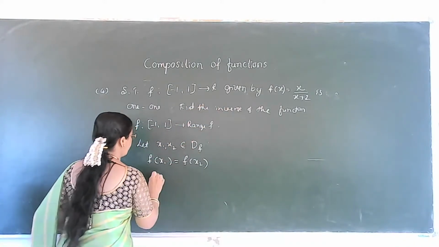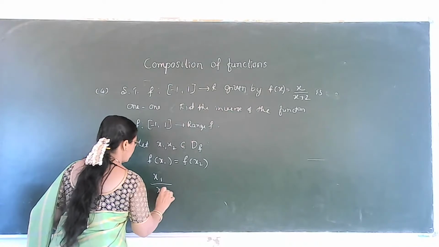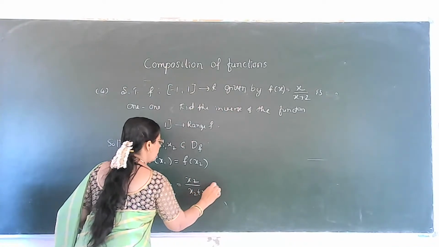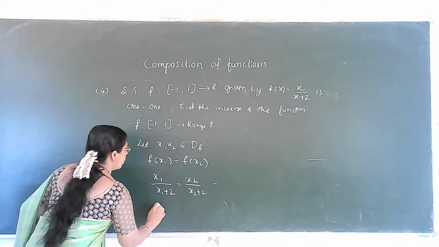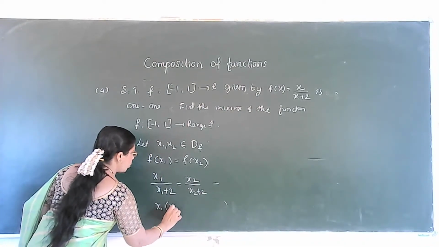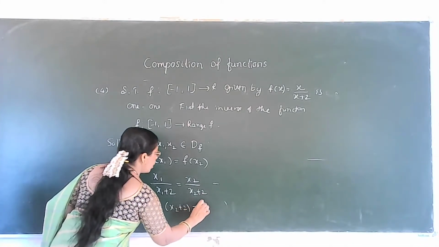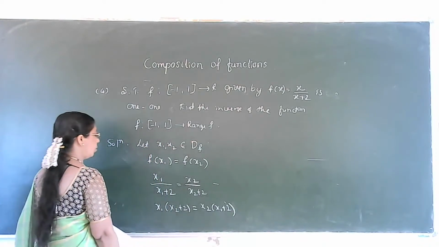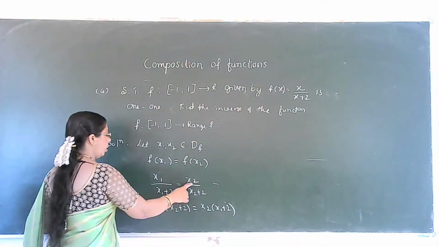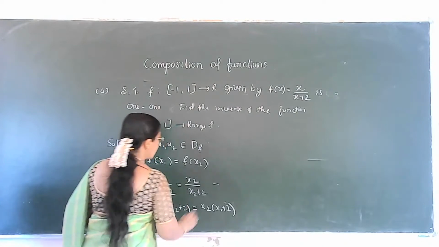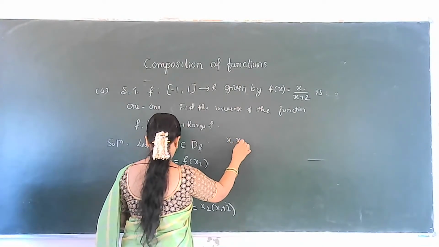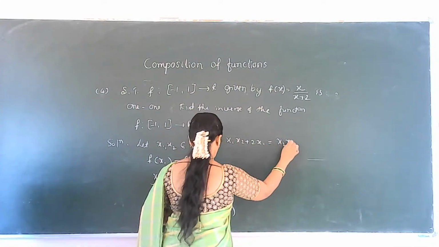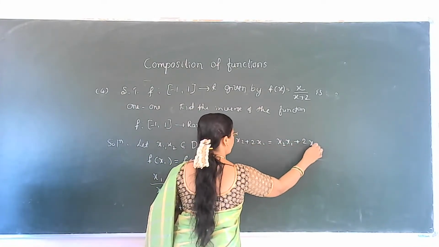f of x1 is equal to x1 divided by x1 plus 2, which is equal to x2 divided by x2 plus 2. Then x1 into x2 plus 2 is equal to x2 into x1 plus 2. We multiply this out: x1 x2 plus 2x1 is equal to x1 x2 plus 2x2.